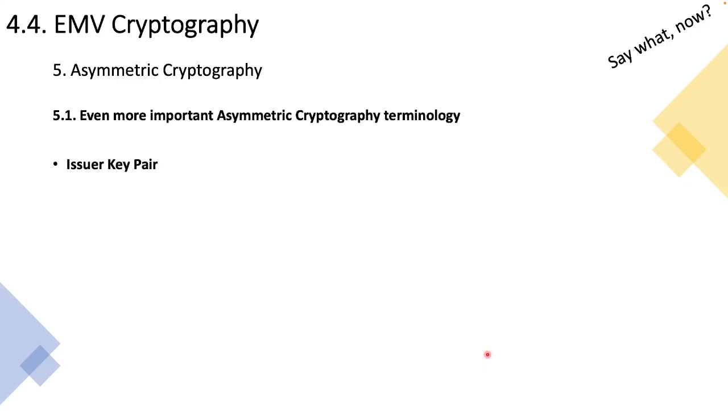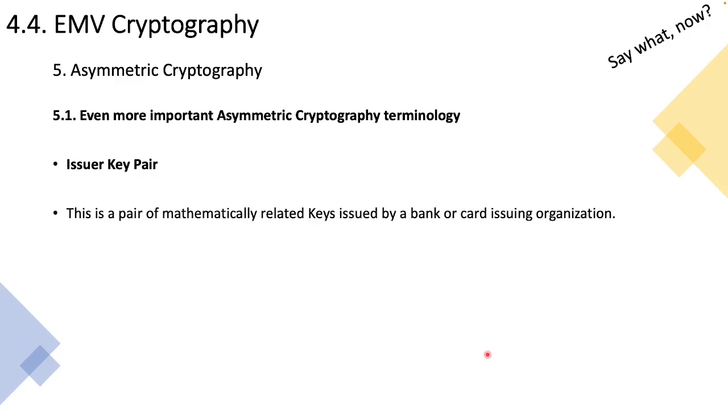Okay, we have something called an issuer key pair. In the previous slide we spoke of a scheme key pair. Now we're talking about an issuer key pair, and it's a similar principle. However, that spoke about a private and public key pair generated by the scheme, like MasterCard, Visa, Discover, etc. An issuer key pair is a pair of related keys issued by a bank or a card issuing organization.